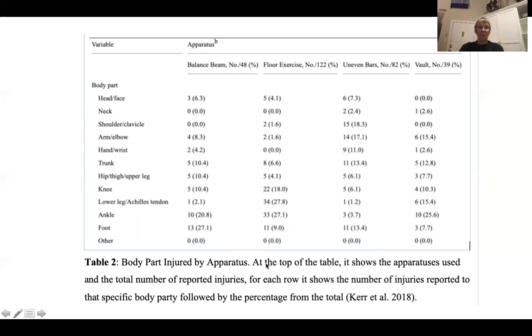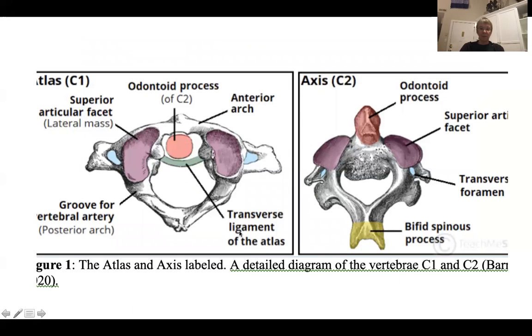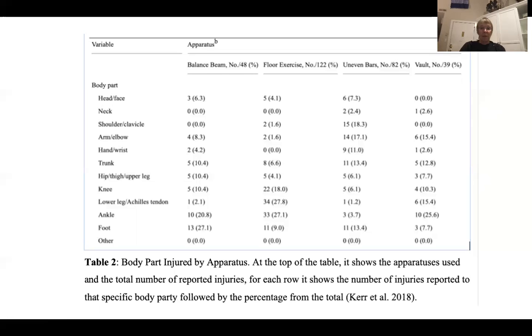So this explains what the information in brackets is and what the information outside the brackets is. I think it's preferable that you label your tables and figures underneath the actual table and figure.